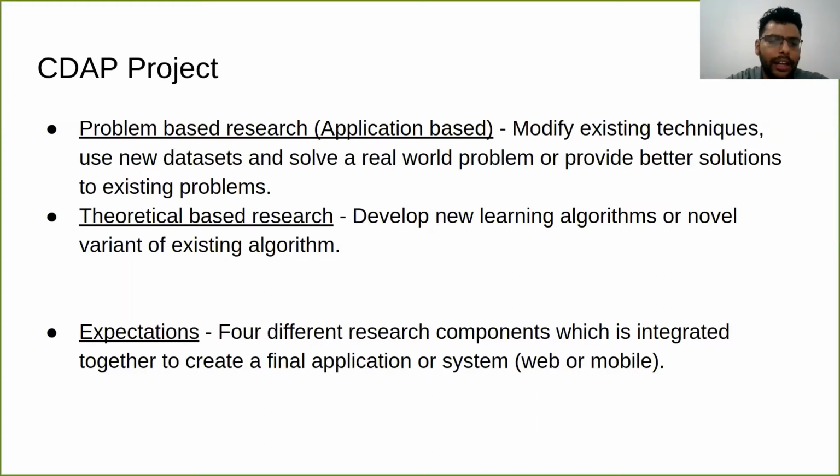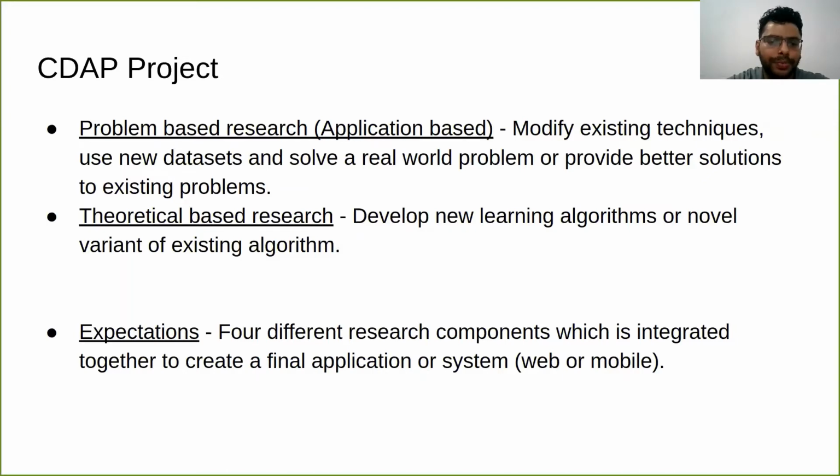And then there is something called theoretical-based research ideas. This is a kind of complicated one, where we try to develop new learning algorithms, or fine tune existing learning algorithms. For example, if we have this linear regression model, maybe we try to create a new machine learning model for regression, and we have to justify why we created that model and what the advantages of that model are over the other existing models.